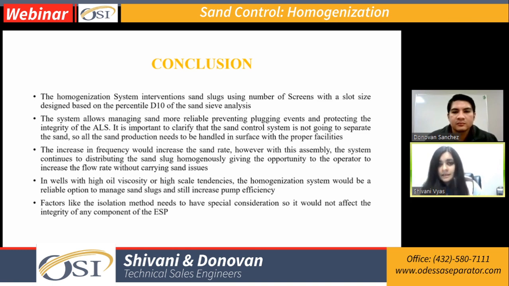We can control the frequency of the pump so we have increased runtime and the production that the operator is targeting. For all of that, it's really critical to analyze the well conditions, how much of a sand problem there is, and what can be done so that the well has an effective sand control program.